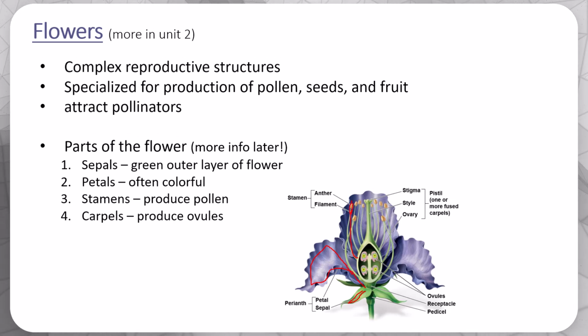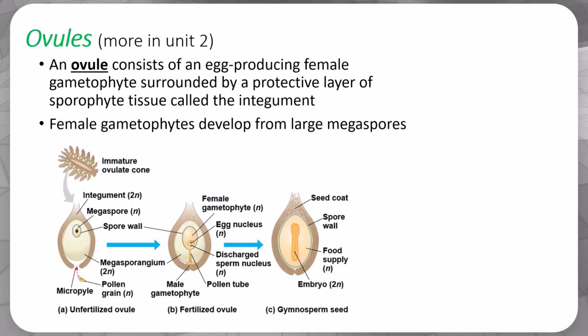The female parts of the flower is the pistil or carpels, which is made up of the stigma, the style, the ovary, and then inside the ovary are the ovules. The ovary, this outer part, matures into the fruit, and the ovules mature into the seed.